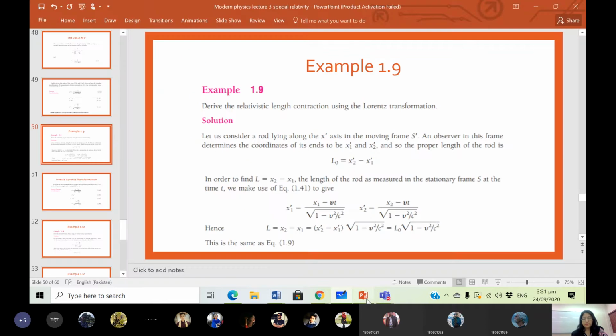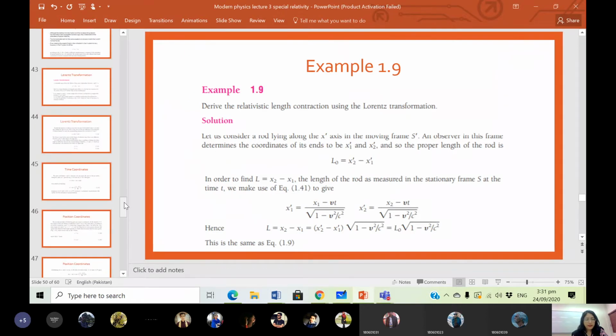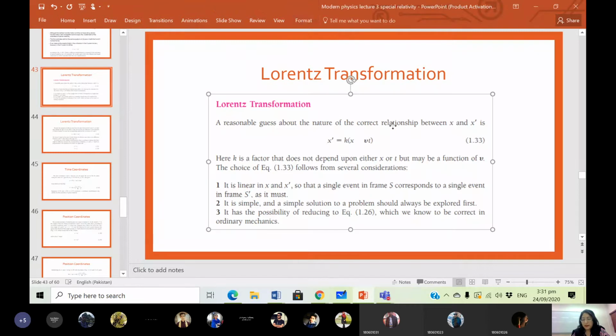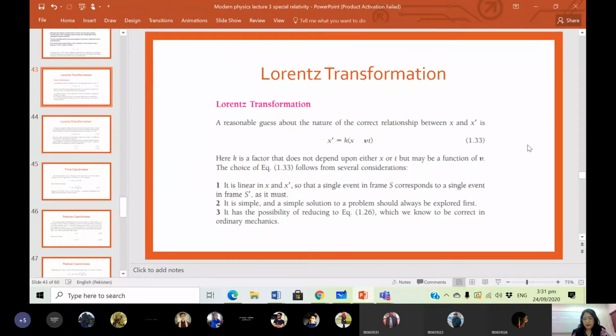Okay, so now where are we? Yeah, we are here. So now we have the Galilean transformation, okay? What can we do with it? We have to start with a guess formula first, and then manipulate it to determine the actual correct relation by means of certain conditions.